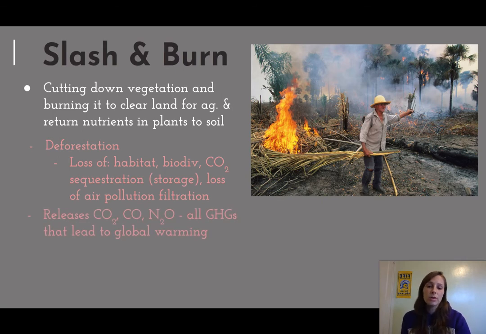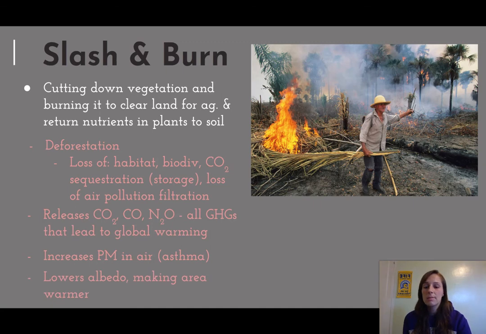It's also going to release carbon dioxide and other greenhouse gases that lead to global warming and increased temperatures. And again, this increases the particulate matter in the air, which is no good for people who have asthma.